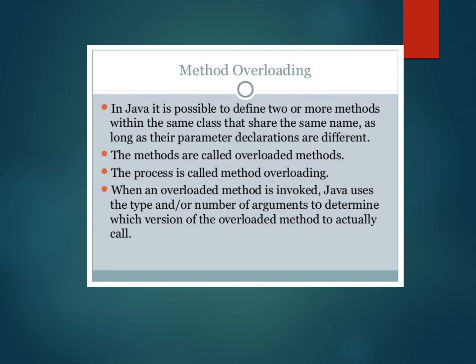So when we execute the Java program that contains methods having the same name, the formal parameter list is used by the compiler to recognize which overloaded method is to be called. All of this depends on the number or the type of formal parameters defined in the overloaded methods.